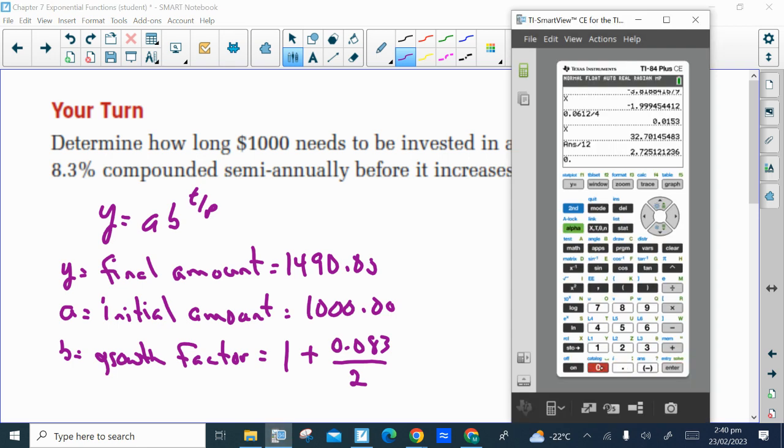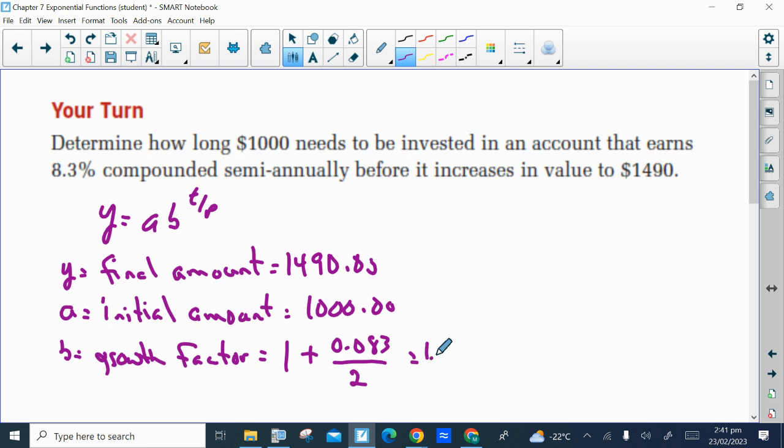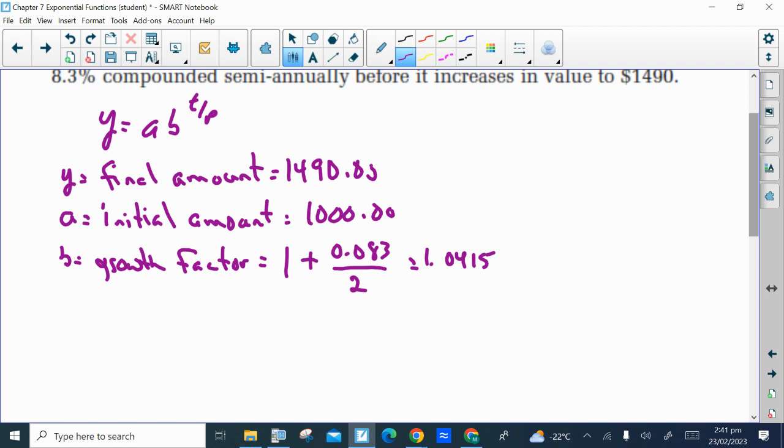So 0.083 divided by 2 is our semi-annual interest rate, 4.15% every 6 months. So this will be 1.0415. That is our B value, our growth factor.